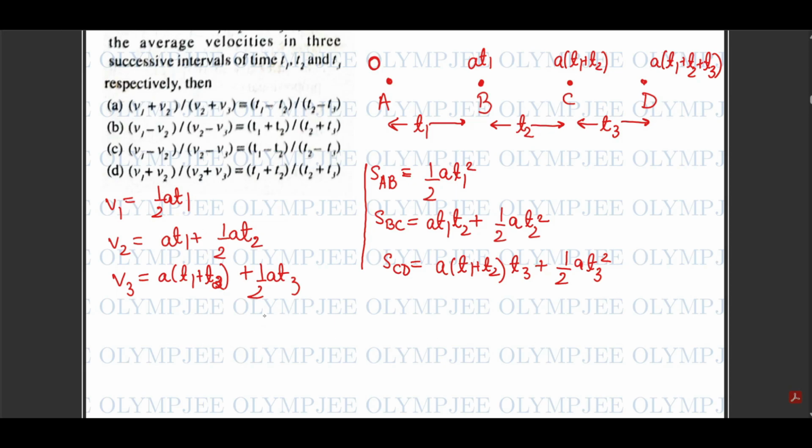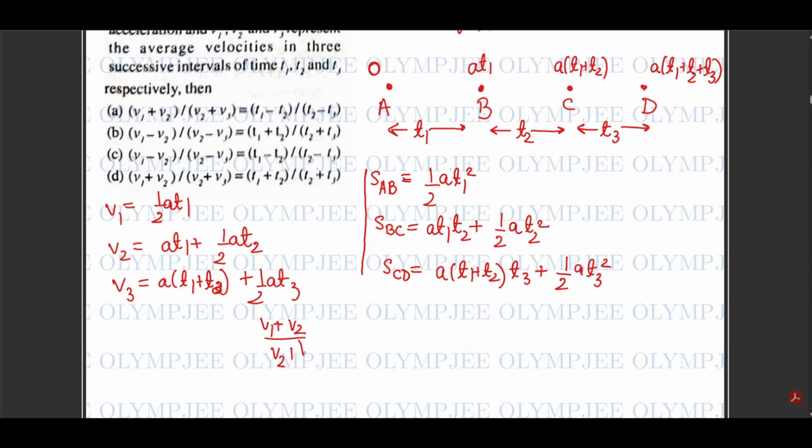So that will be half a t1 plus a t1 plus half a t2 divided by a(t1 plus t2) plus half a t3 plus a t1 plus half a t2.